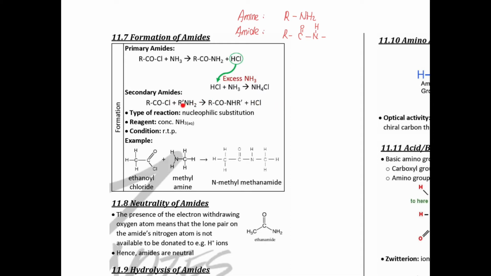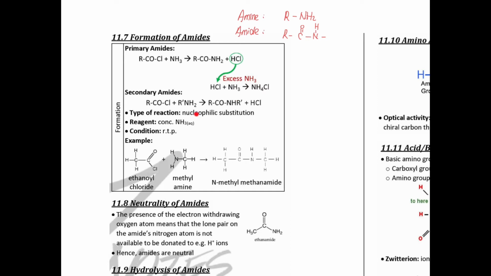Then we have R prime and H that stick with the CO. Bear in mind that the bond is formed between carbon and nitrogen, as I have drawn here. C and N form a new bond, and this is called secondary amide because there is one R here and there is another R over there.